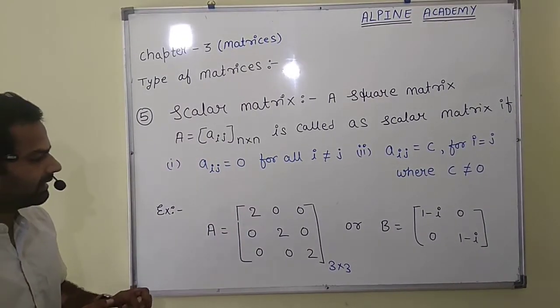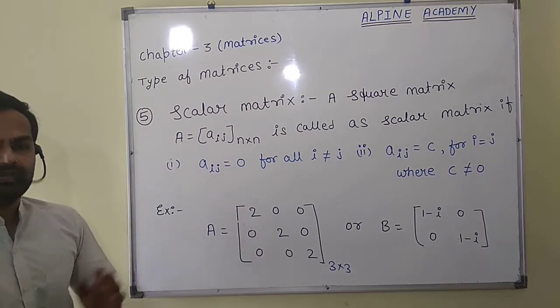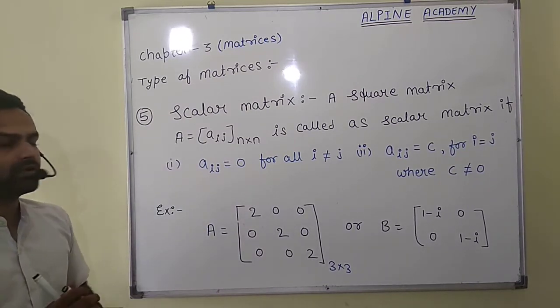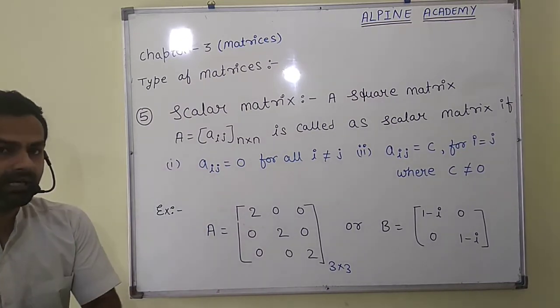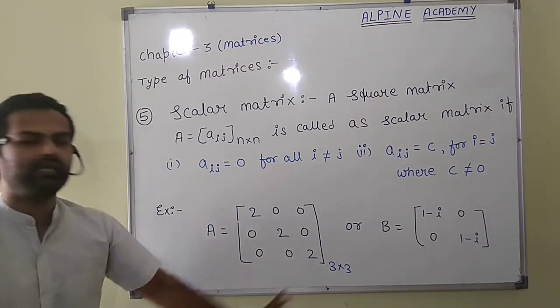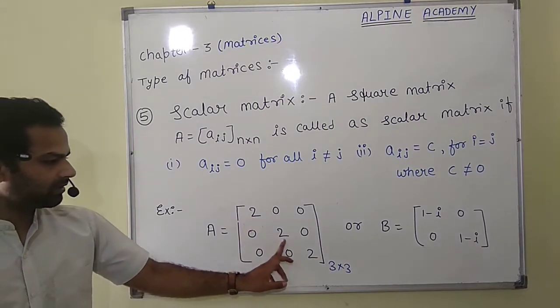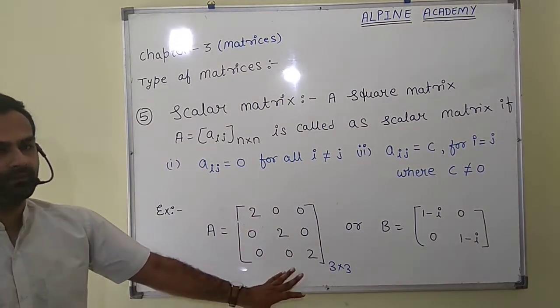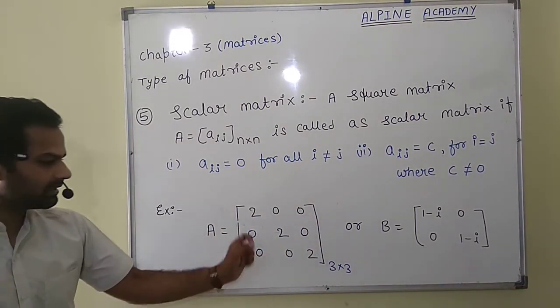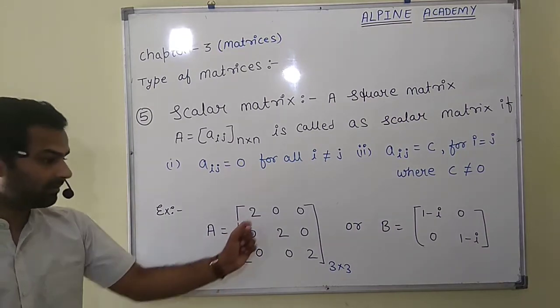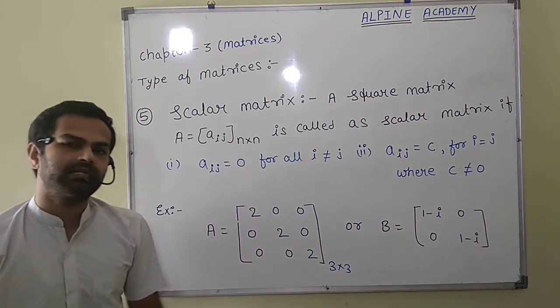So we can say that a scalar matrix is a type of square diagonal matrix whose diagonal elements are all the same. Simple. So here you can see that all the diagonal elements are 2, which is the same, and the other elements are 0. So it is a type of diagonal matrix whose diagonal elements are all the same.